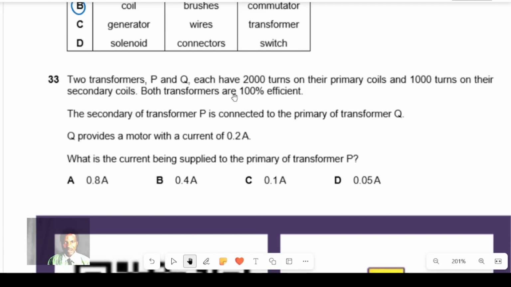Both transformers are 100% efficient. Now the second transformer is connected to the primary of transformer Q.